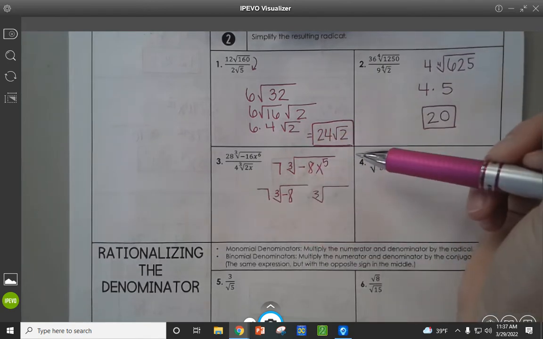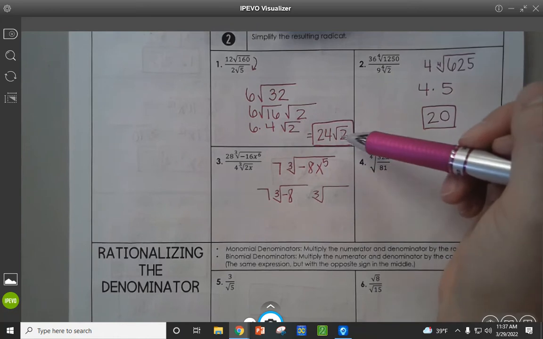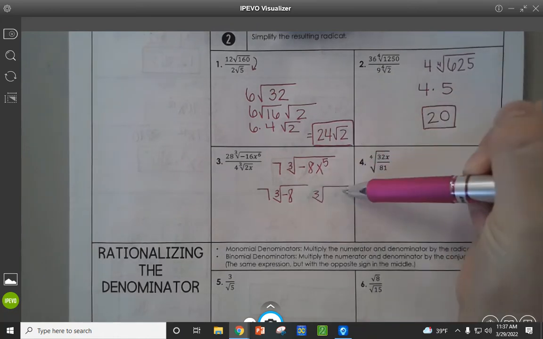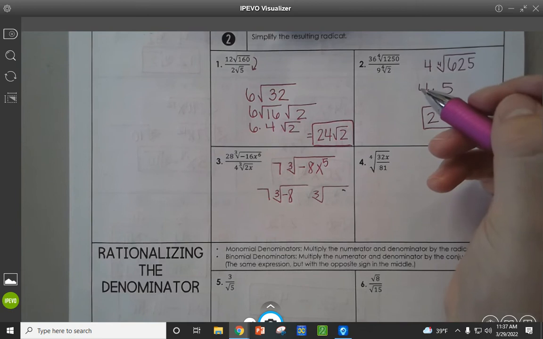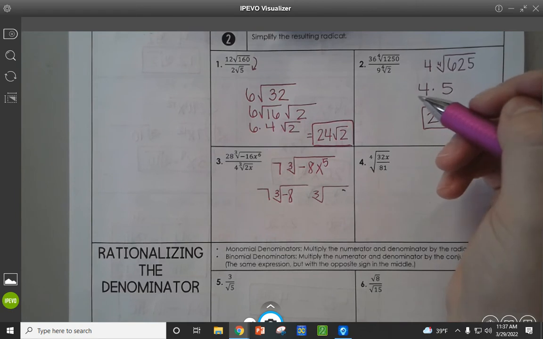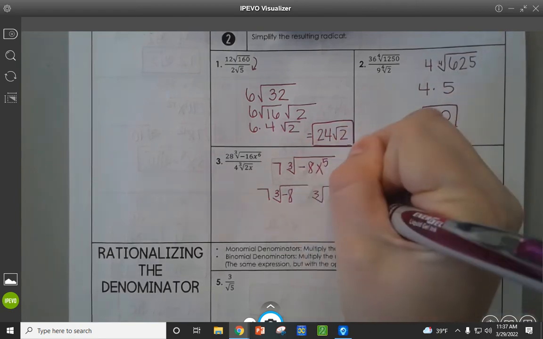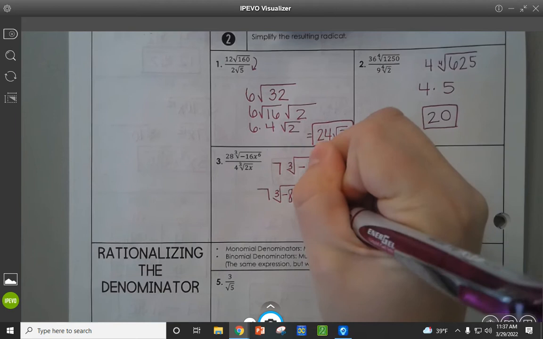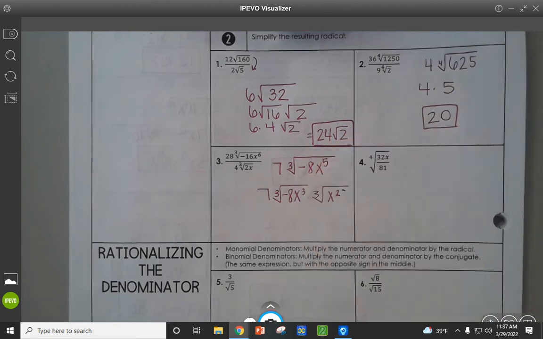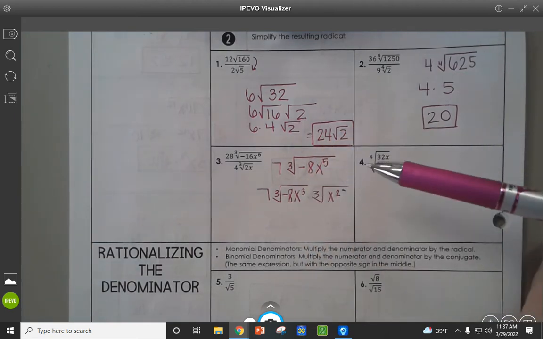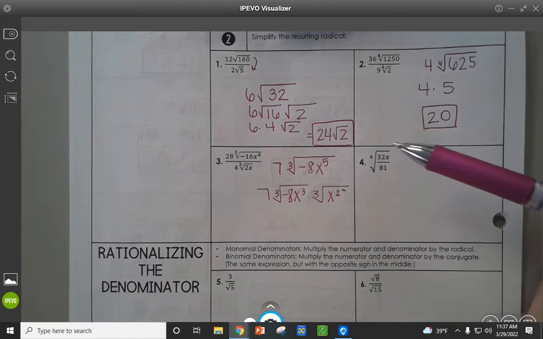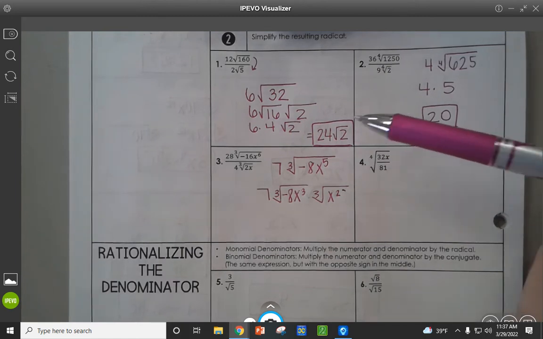The x to the 5th is not. How many x's do I need to move out to make it a perfect cube? It needs to be a multiple of 3. So you need to take out 2 of them. Then we have x to the 3rd power. If we only take out 1, it's x to the 4th power, which is not a multiple of 3. Cube root's got to be multiples of 3.